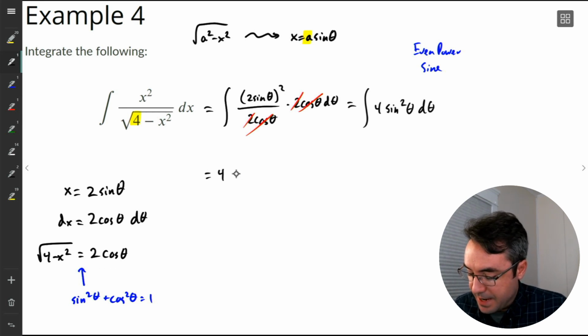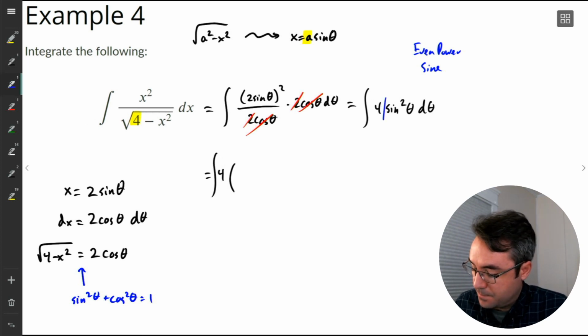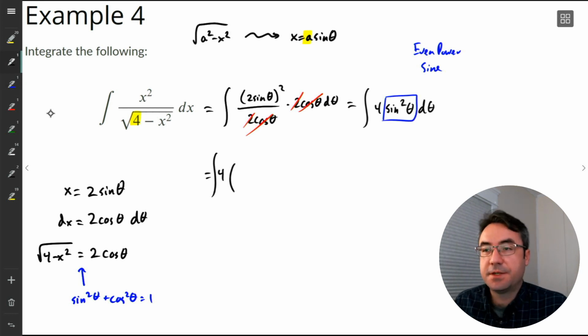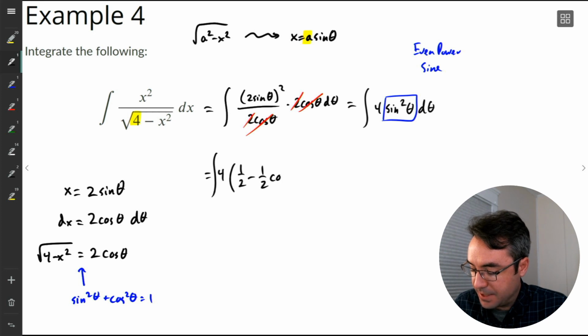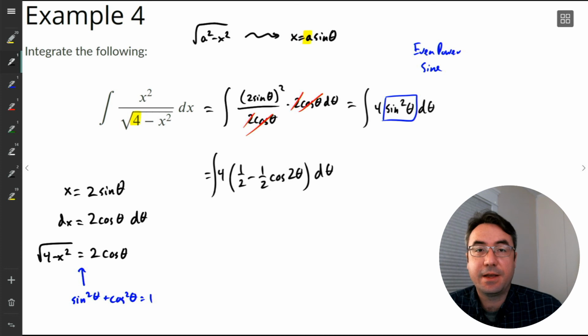So let's use that next. So instead of sine squared, we're going to write that as 1/2 minus 1/2 cosine 2 theta. And that's our half angle formula.